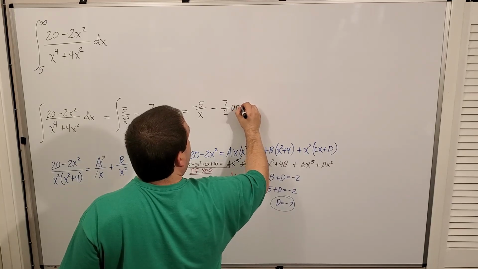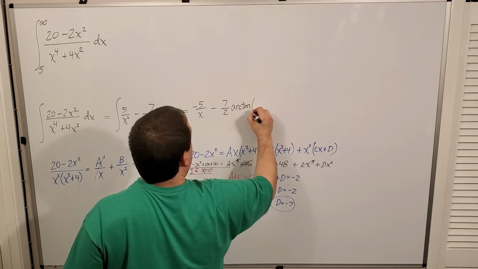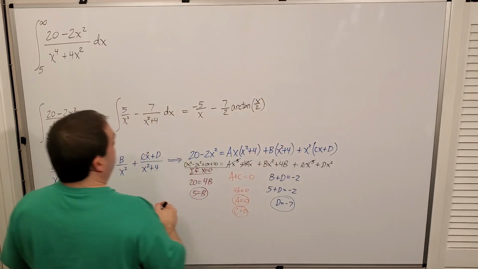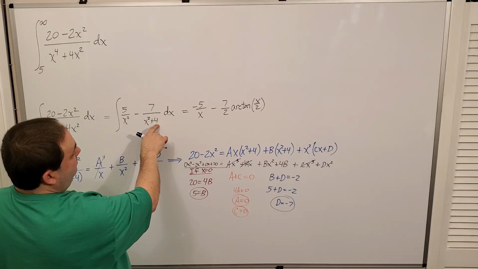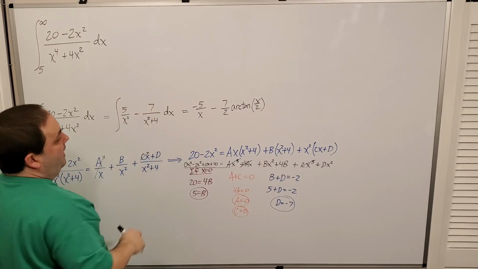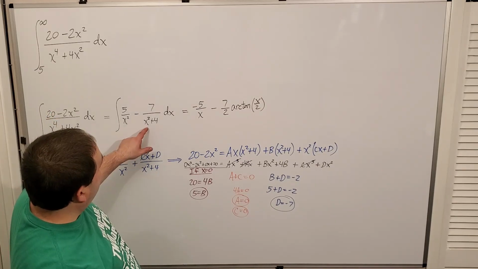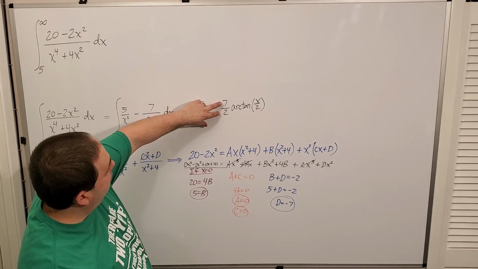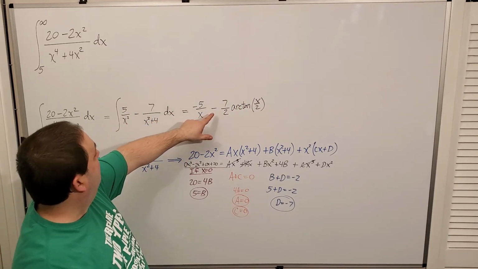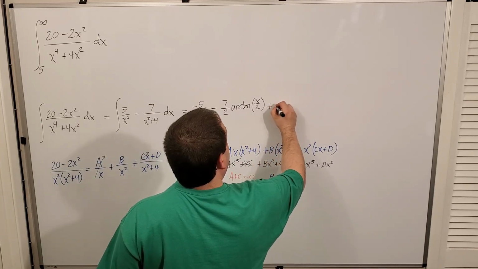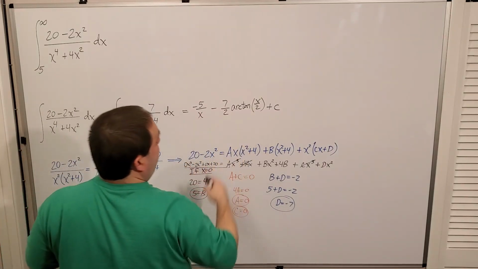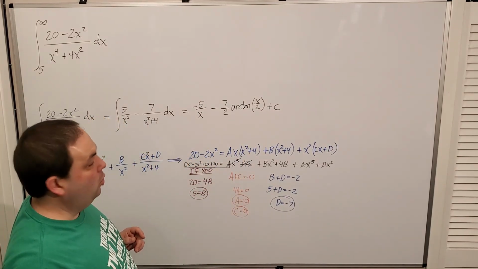It's going to be the arctangent of x over 2, because 4 is 2 squared. And anytime you have that sum of squares in the denominator like that with no other x's, that's your arctangent. And it's always 1 over a arctangent of x over a. And of course, right now I'm just doing the indefinite integral, this is just the antiderivative, so I get a plus C to go along with that.